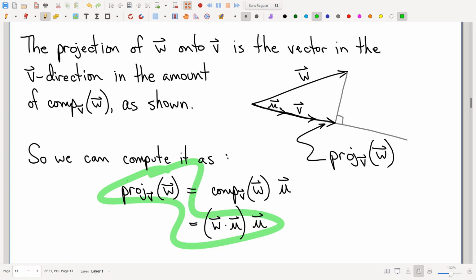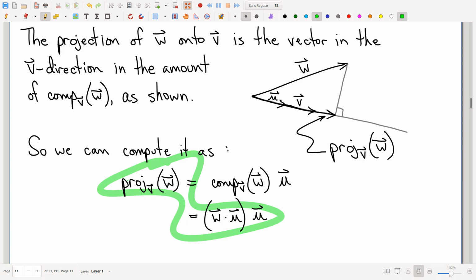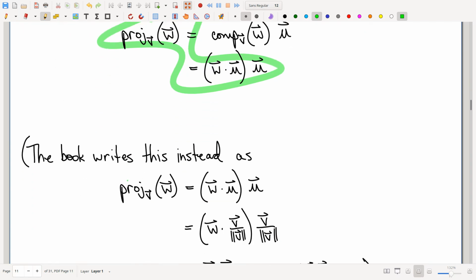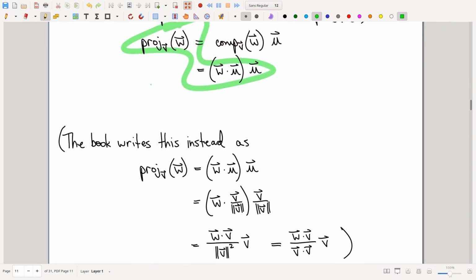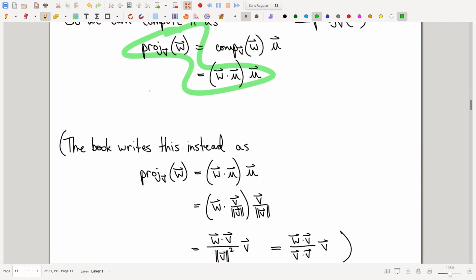There's nothing to it. Okay, now that said, our book prefers a different take on this. Our book takes this formula, same formula. It rewrites the unit vector using our formula from the previous page for how to find the unique unit vector pointing in a given direction, right?